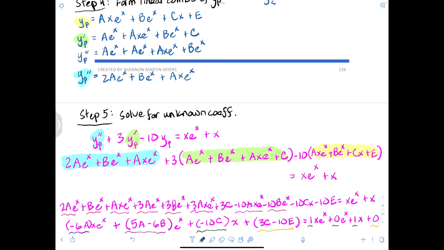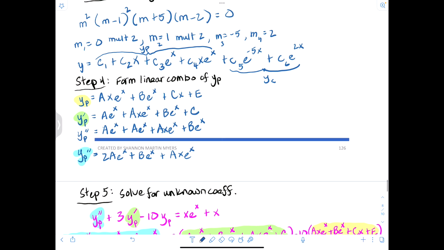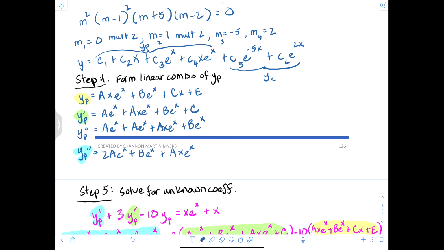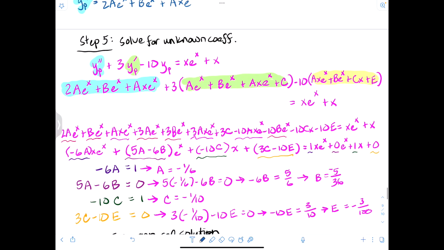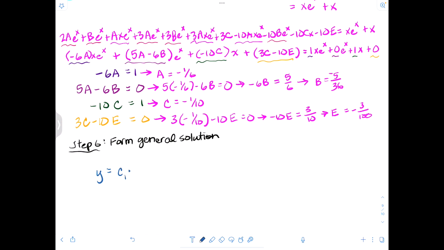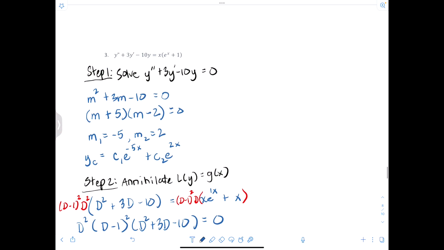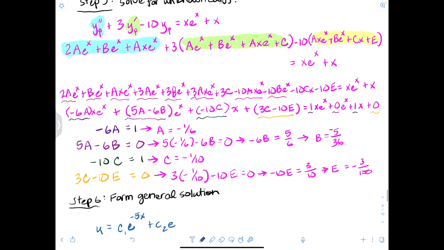Yp consisted of... let's see how we want to put this. Let's put the particular second. So we'll put C1 e to the negative 5x plus C2 e, was it negative 5? Yeah, e to the 2x.